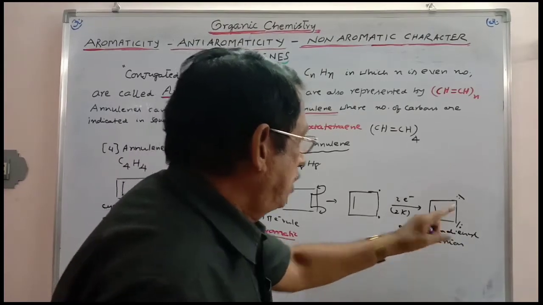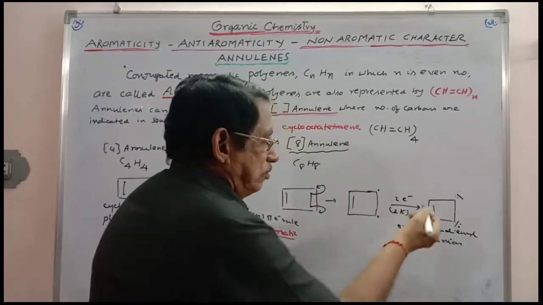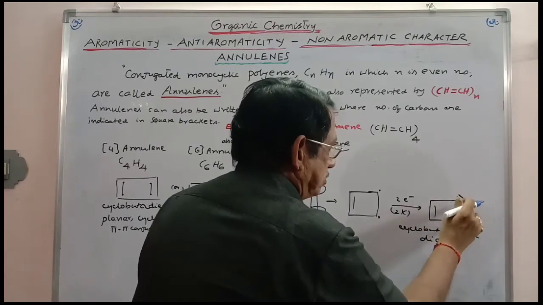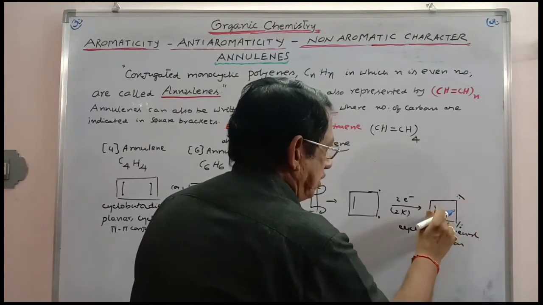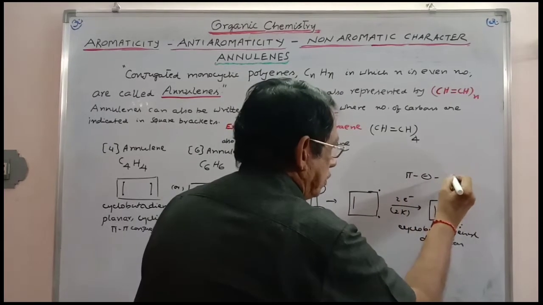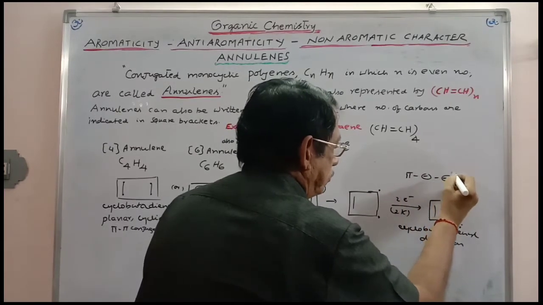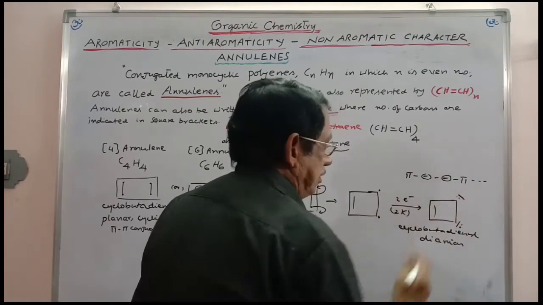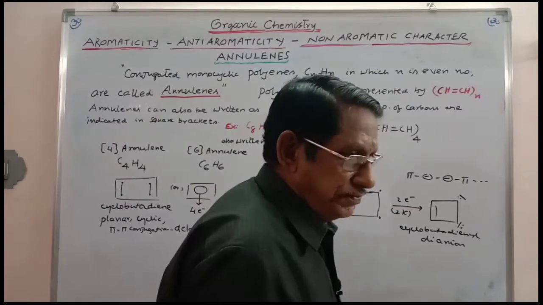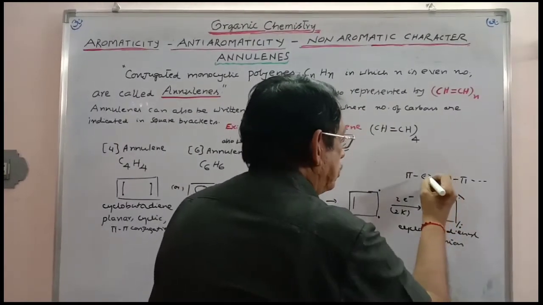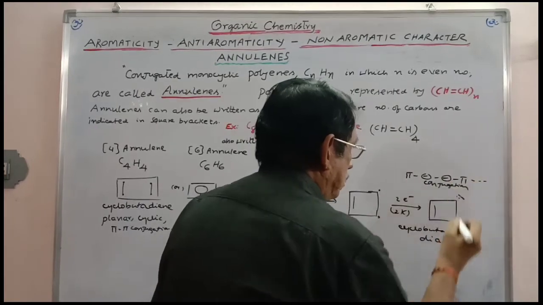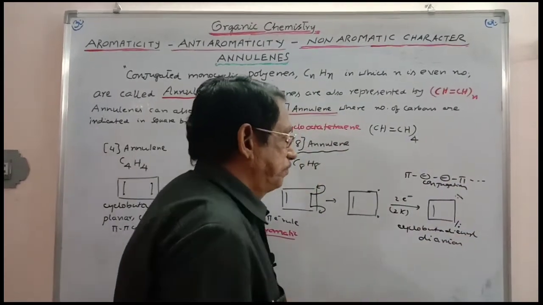And this is aromatic. Why? We are having pi, sigma, negative charge, sigma, negative charge, sigma, pi. That means pi, negative charge, sigma, negative charge, sigma, pi conjugation is there. So when there is a conjugation like this, delocalization takes place.